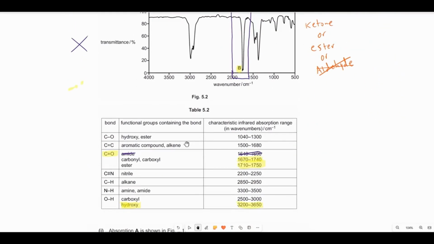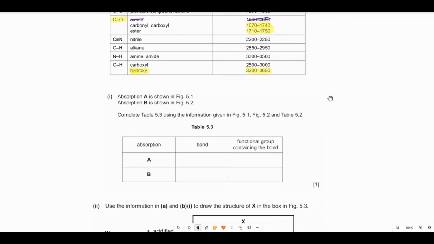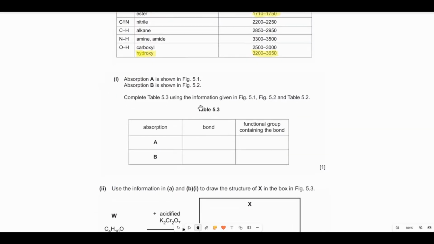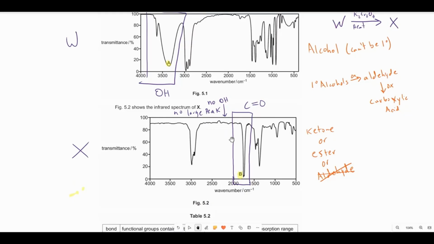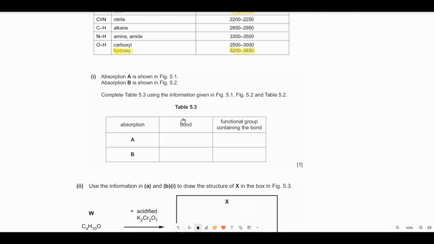But let's read the actual question, right? Because I'm going around trying to figure out what these are, but I haven't read the question. Complete table 5.3 using the information given in figure 5.1, figure 5.2, and table 5.2. So here they want to know for absorptions A and B, what are the bonds, and what is the functional group containing that bond?